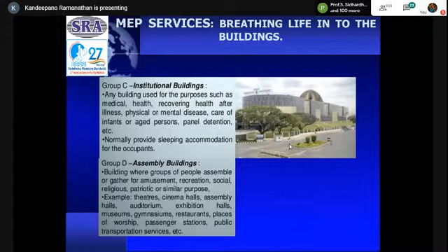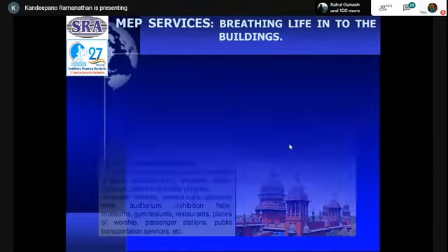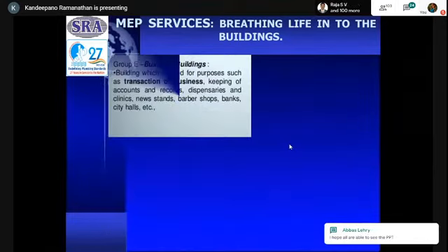Then assembly buildings, usually cinema theaters, shopping malls, auditoriums, gymnasiums, restaurants. This is our Chennai High Court, an assembly building.